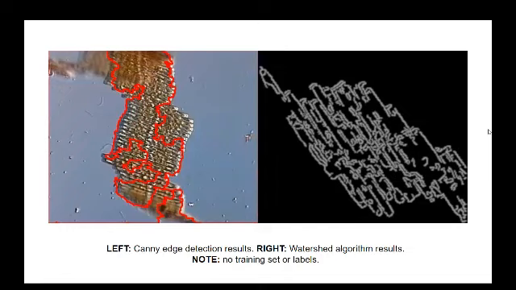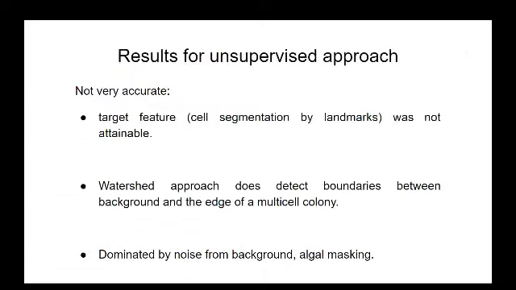Canny edge detection uses a number of tricks to find an edge, and the watershed algorithm is actually based on something out of geology, where they try to find watersheds in a landscape and where those watershed limits are. And so they apply those types of rules to image processing in general. So they're actually pretty good algorithms sometimes, but in this case it did not work well.